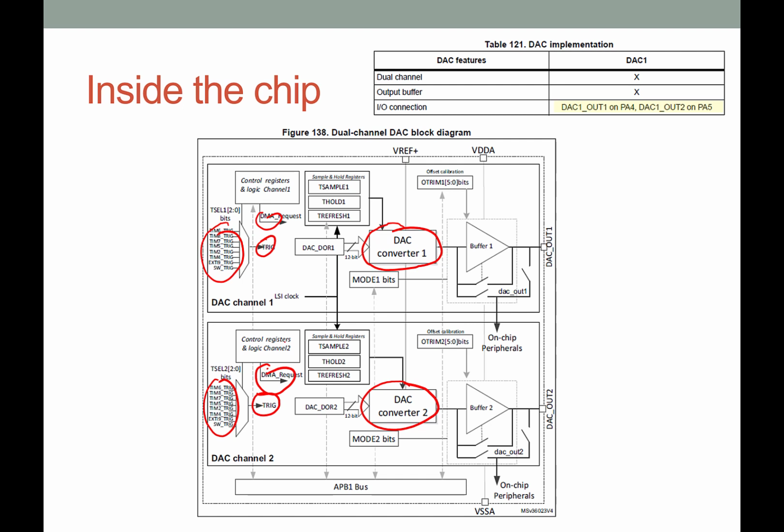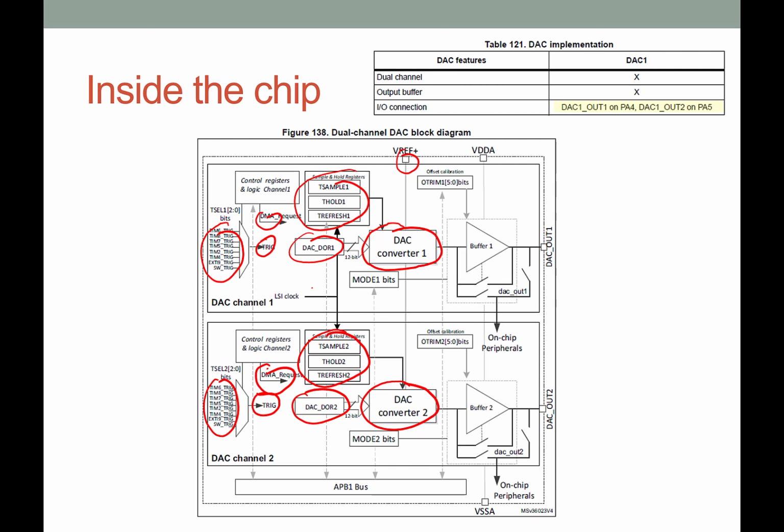You have the output register, so as you can imagine, that's what you send out to the DAC to then convert to an actual value. Here's the sample and hold register, so these are things that you can set. Obviously you see the reference voltage showing the pin that you can have there for both DAC 1 and DAC 2.